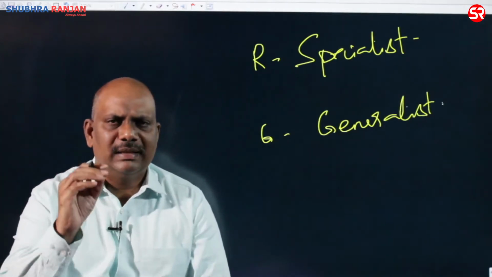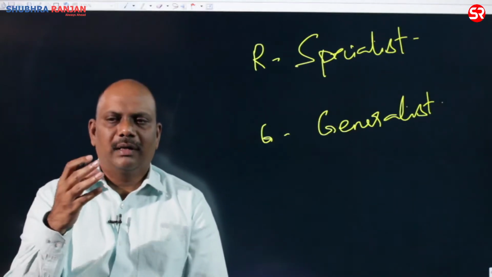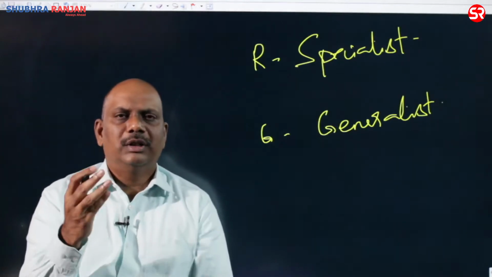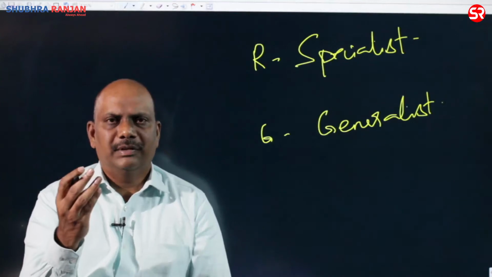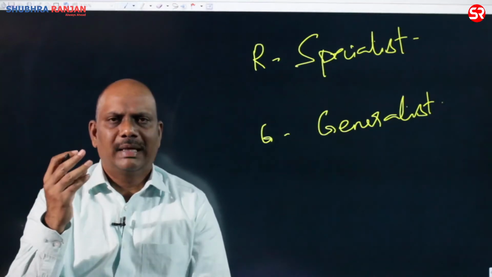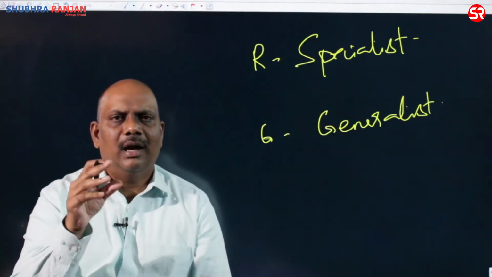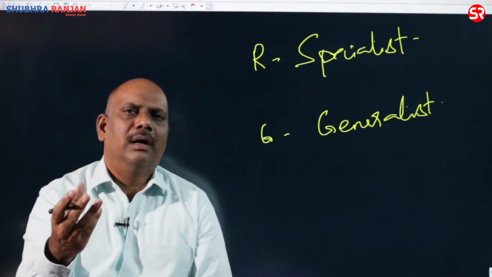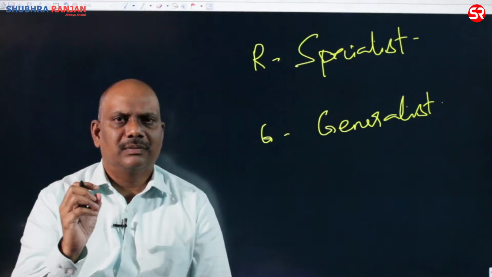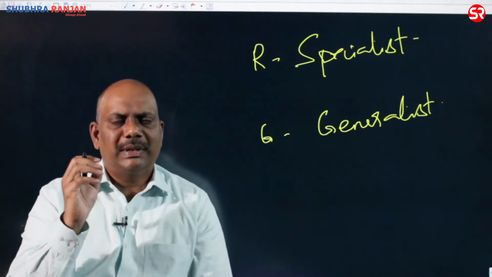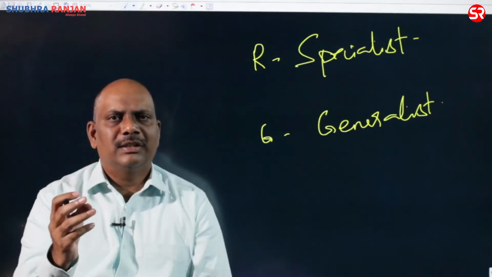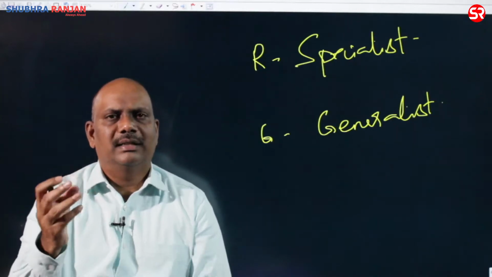Specialist means, say, even after getting into service, right? Once you become an IPS officer, once you become an IRS officer, you are a specialist. You will be specialized in law and order if you become a police officer. You will become a specialist in income tax if you become an IRS officer.